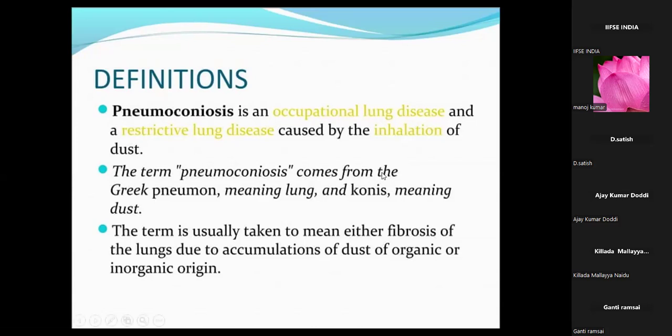The term is usually used for fibrosis of the lung due to accumulation of dust, either organic or inorganic matter. Yes, you're right, silica dust is very dangerous. But not only that, there are different types of dust causing different types of pneumoconiosis that I'll be showing you in due course of this slide.